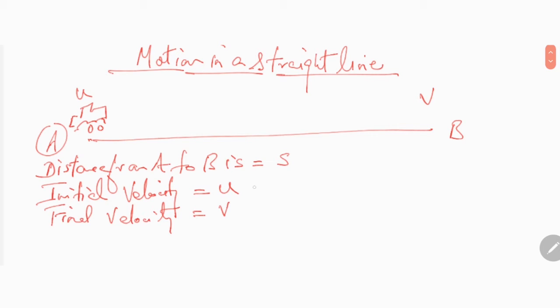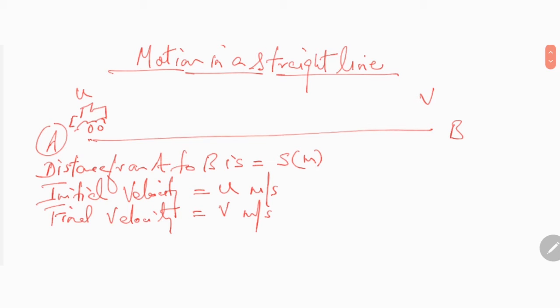And what will be the unit for velocity? It will be meters per second. So we'll use meters per second, and this distance is s meters. Always have a clear understanding of the units because it's very important so you don't get confused.